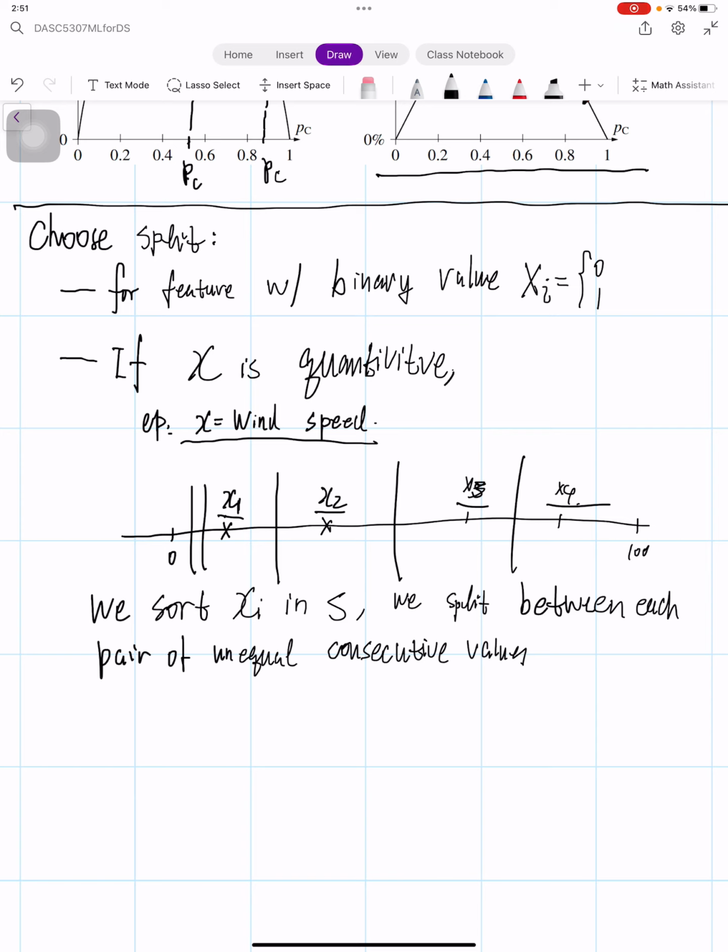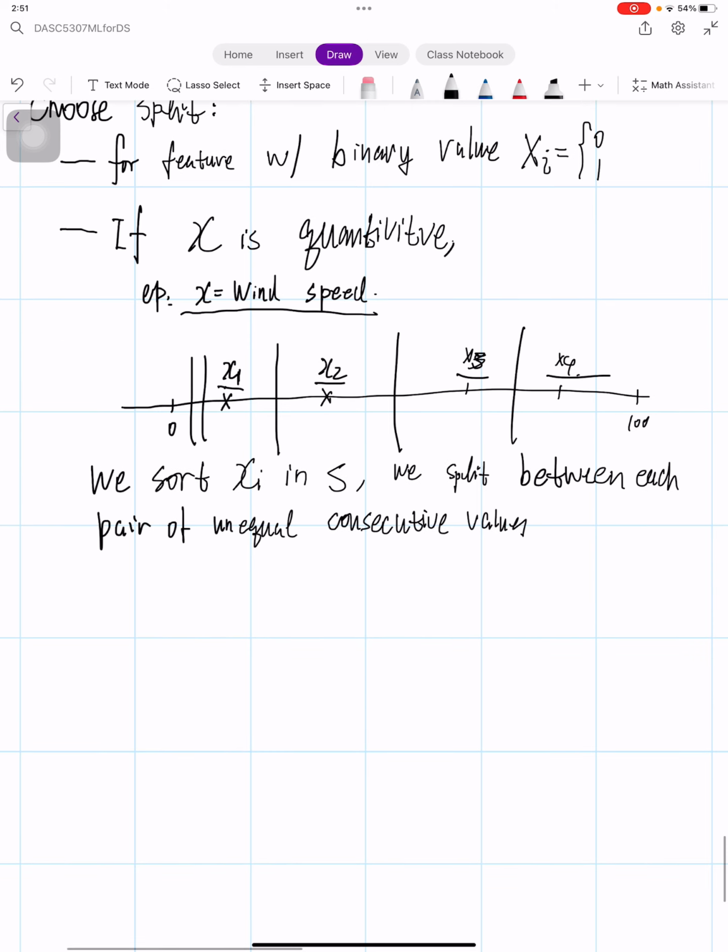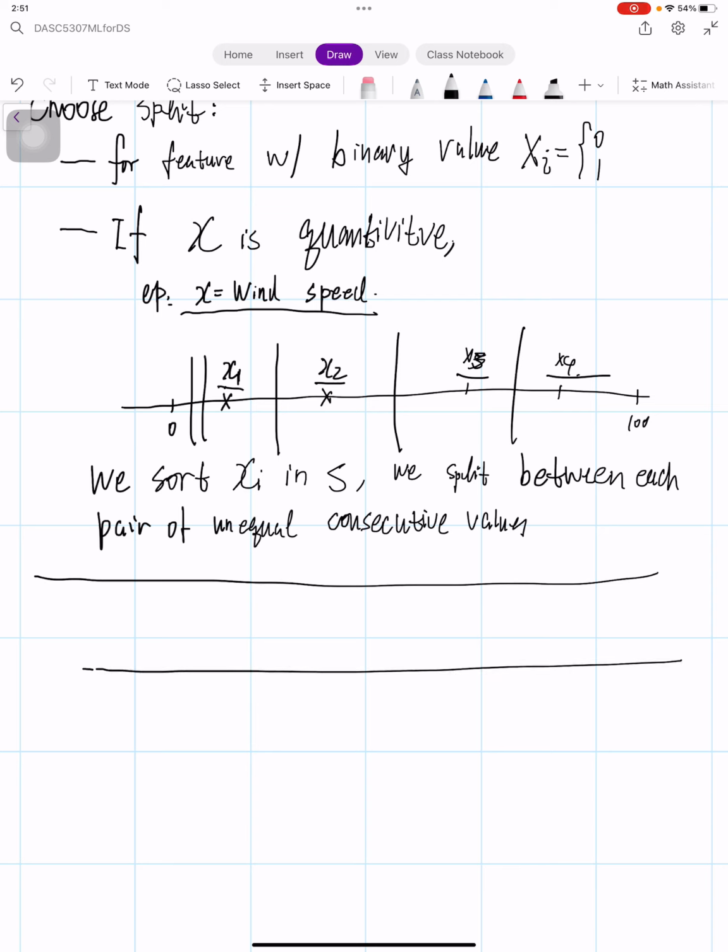Actually, there is also an algorithm to calculate the entropy for each split. So here maybe I can give one example. Suppose we have points x1, x2, x3, x4, x5, okay?